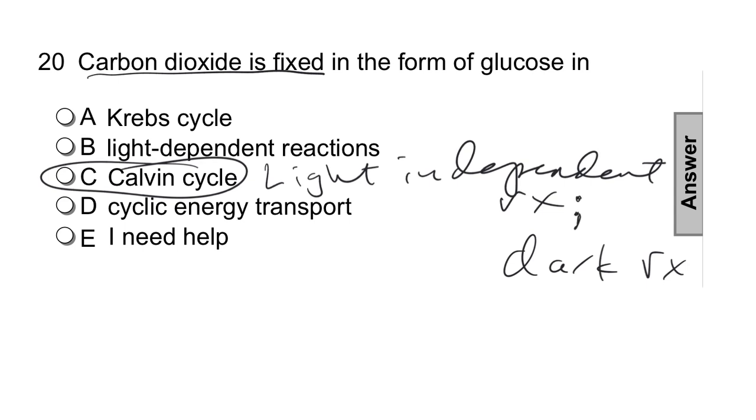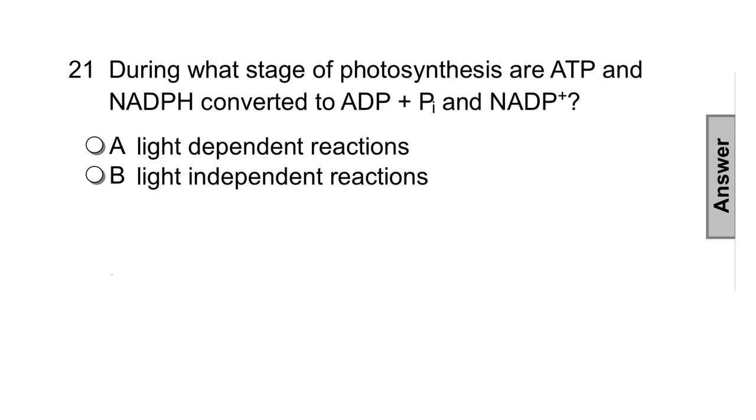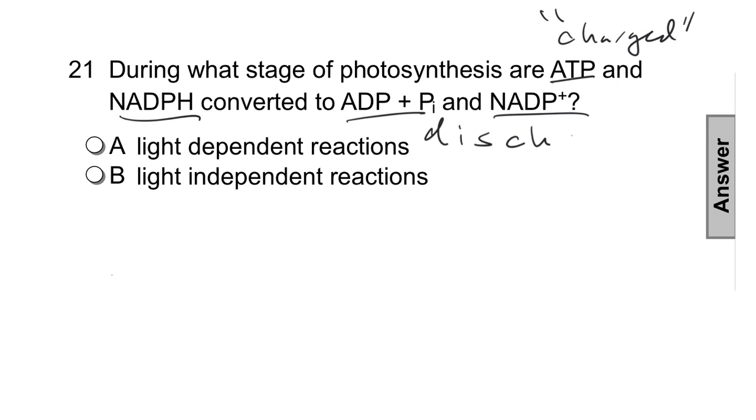During which stage of photosynthesis are ATP and NADPH converted to these lower energy forms? So this is like the charged battery, these two up here. And this is like a discharged or dead battery that needs to be recharged, these two.